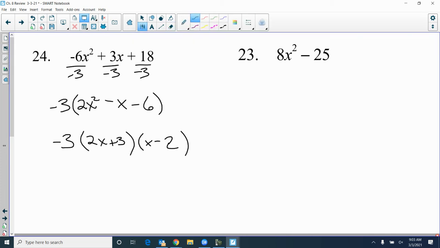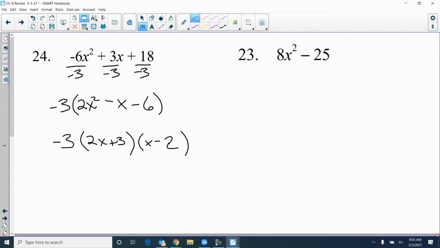Again, I could have done the chart, but when my numbers are smaller like that, the chart takes up too much time. And you guys can do pretty well with your factors. Connor? I thought we multiply the first number and the last number together? Yes, so I could have done it.